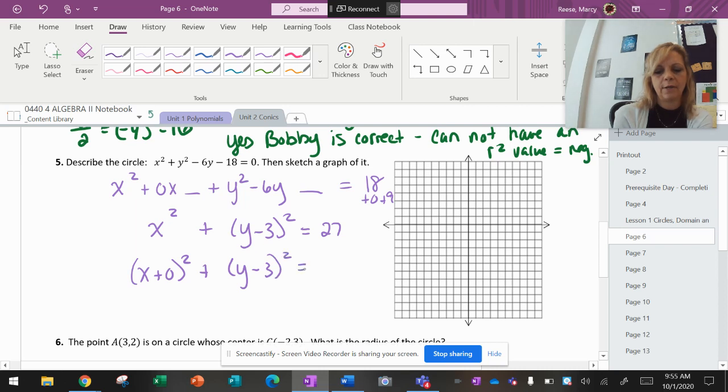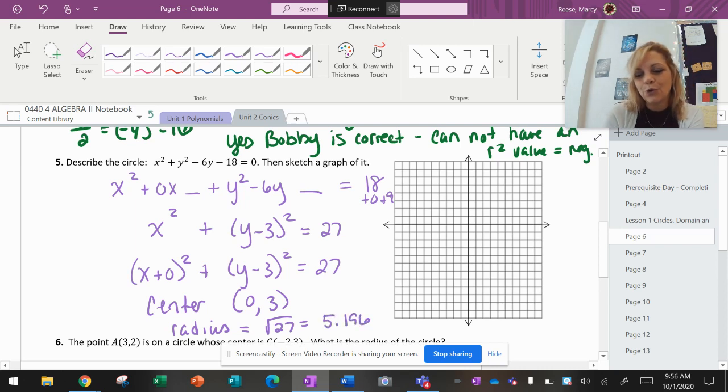But just know that when you created the perfect square on the x squared, you took the b value, which was 0, divided by 2 and squared it, so that means you're adding 0 to both sides, okay? All right, so now this is a little tricky one. So we have the center to be 0, 3, and we have the radius to be the square root of 27, and I'm sneaking a peek because I can't remember. It was 5.196.